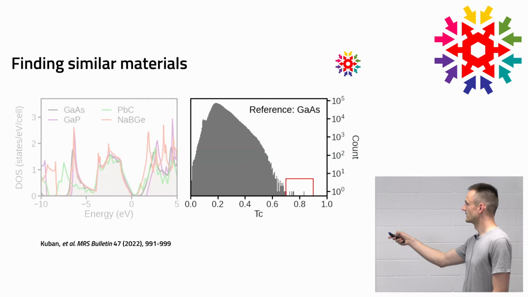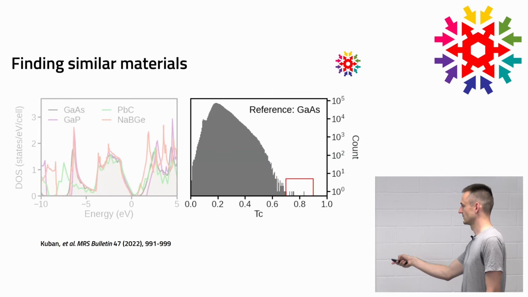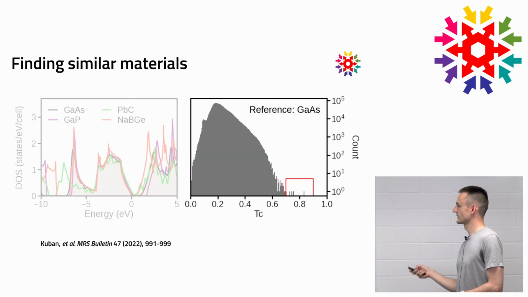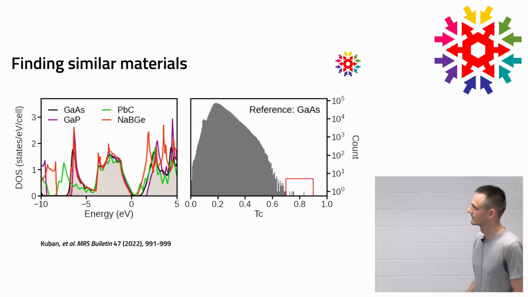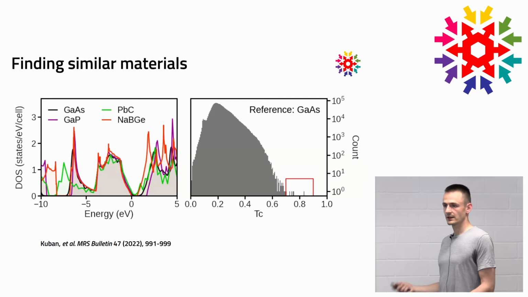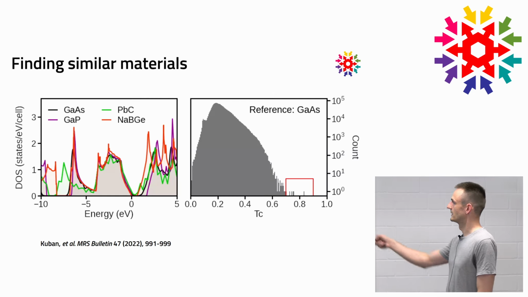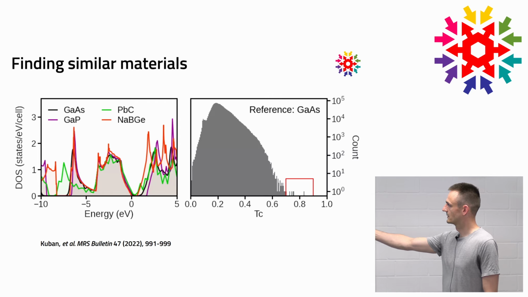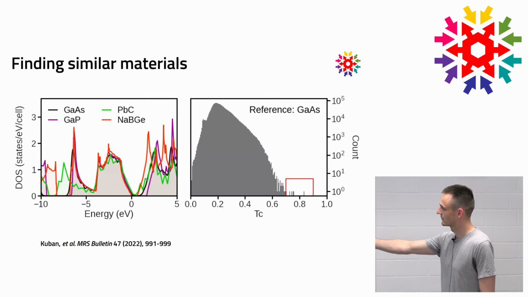Also note that this is a logarithmic scale, so this is actually quite a few compounds. If you go down all the way to the end and look at only the higher ones, you find these are very few. Basically, it's actually just 3 of them, and we can look at all of them individually. Gallium arsenide is the original curve, the black one in the background.